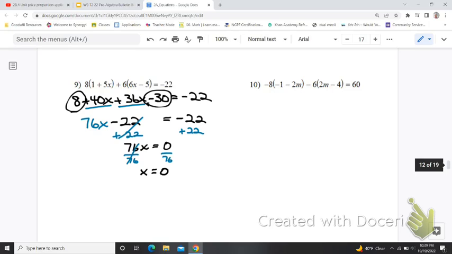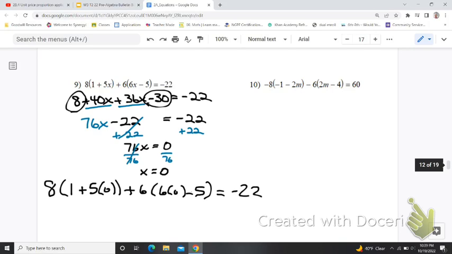If I wanted to test it, I would be replacing all of the x's in the original problem with 0. Plus 6 times 6 times 0 minus 5 equal negative 22. Well, 5 times 0 is 0, and then 1 plus 0 is just 1.